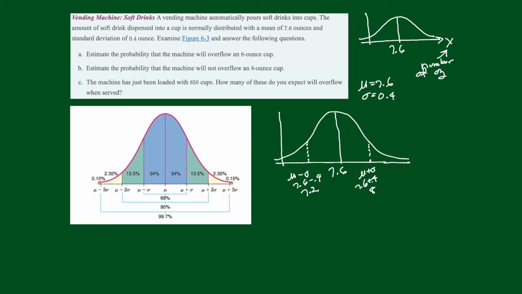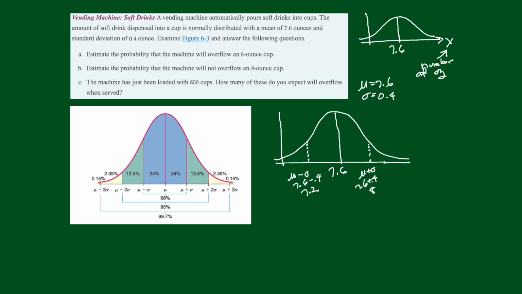So what it's telling me is this: between 7.2 and 8 ounces, we'll have 68% of all the cups.